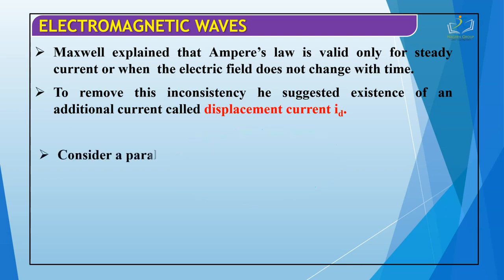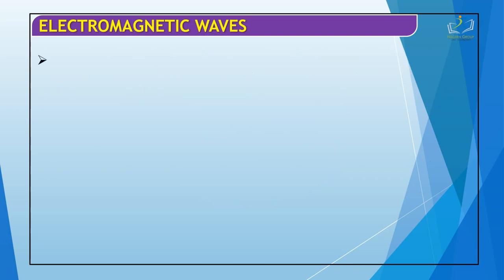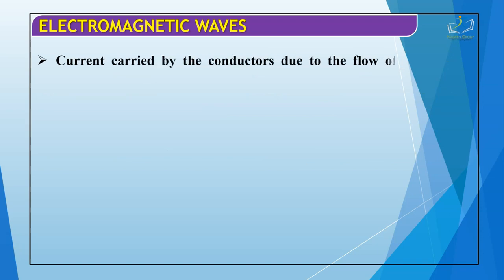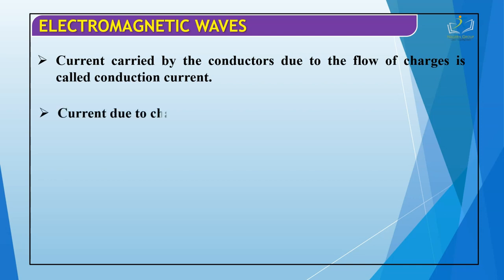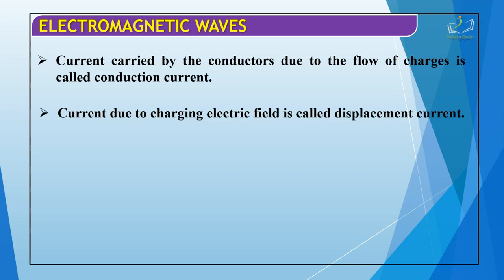What is displacement current? Consider a parallel plate capacitor being charged by a battery. Current carried by the conductor due to the flow of charges is called conduction current. Current due to the changing electric field is called displacement current.